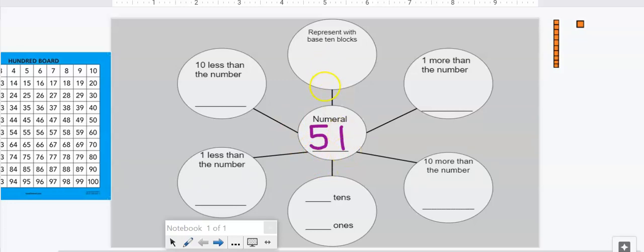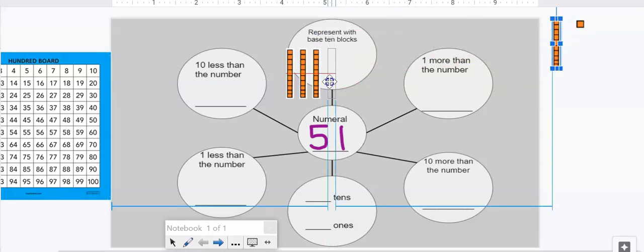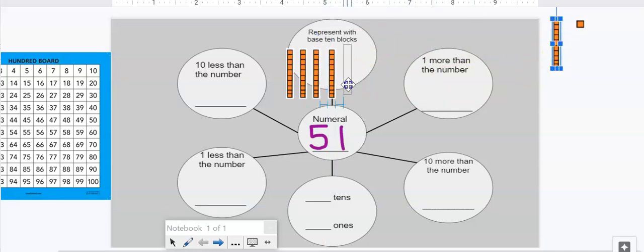51. Okay, so let's represent this with base 10 blocks. This is 10, so we're going to count by 10. Are you ready? Count with me. 10, 20, 30, 40, 50, 51.